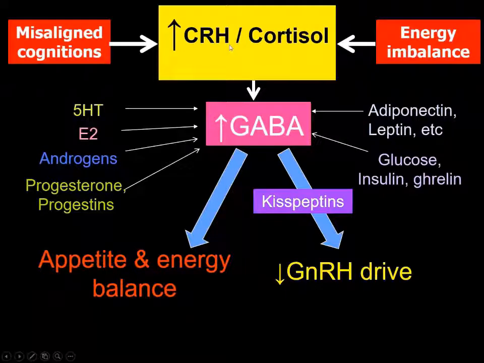So these are just other ways of reinforcing that signaling system that I was talking about earlier, in which you see activation of the limbic hypothalamic pituitary adrenal axis leading to high cortisol, playing up on GABA, and leading to a host of manifestations. And if the stressor is misaligned cognition, that's one set of stressors. If it's energy balance, that's another set of stressors. But typically, they all lead to the same impact, i.e. an elevated cortisol.